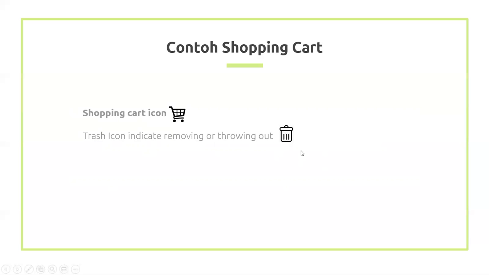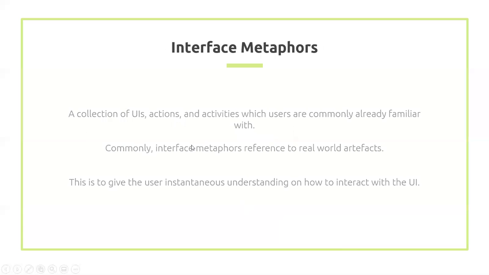If I want to remove something, I put it in a garbage bin, and this is a garbage bin. Most people will be familiar with this one. If I put an X, it means I don't agree with it, I want to remove it, I want to delete it, and so on. If I put a tick, it means it's correct, it's okay. Those are interface metaphors that reflect the real world.